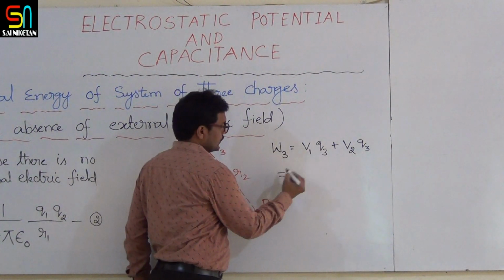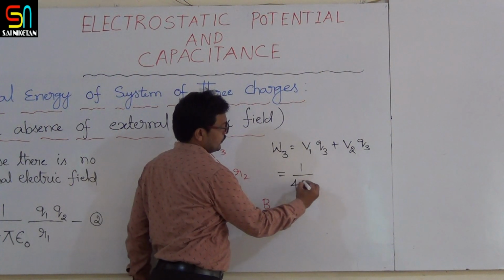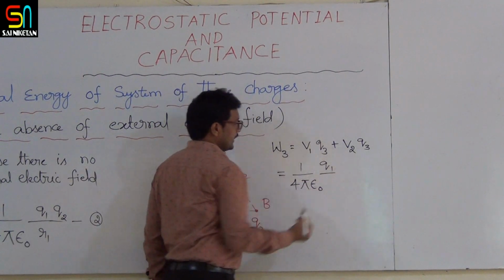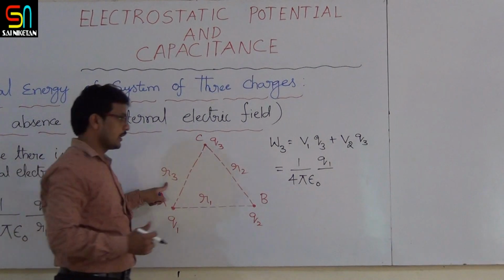And as we know the formula of the potential, V1 is equal to 1 by 4 pi epsilon naught Q1 by the distance from Q1 to Q3, that is R3.